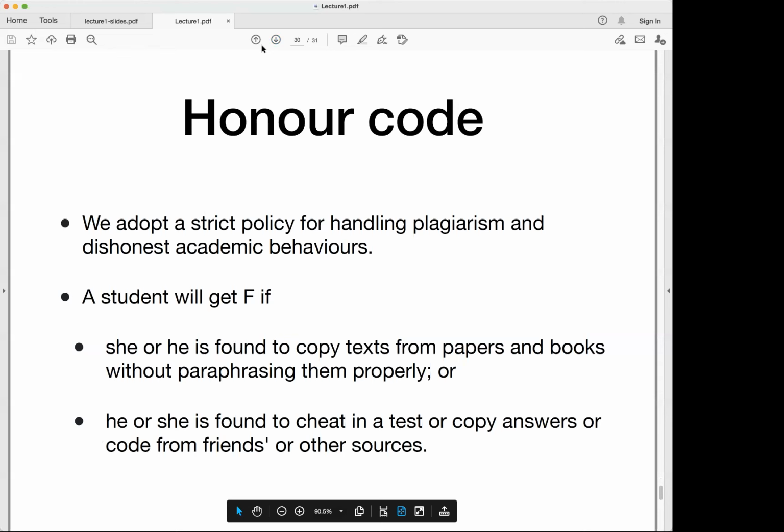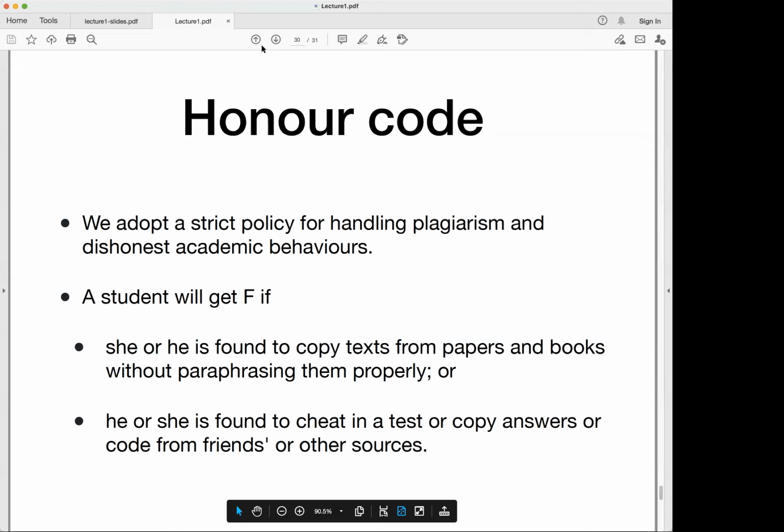I'm sure most of you are already aware that you shouldn't engage in dishonest academic behavior like copying answers from your friends or from other sources on the internet. But there is another very important point: make sure that you do not fall into plagiarism.